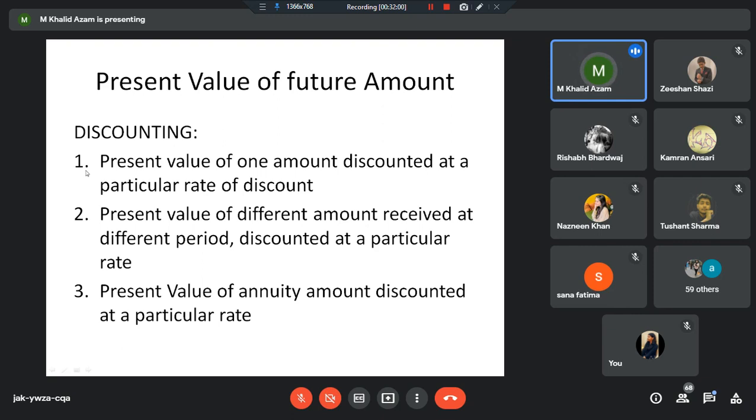Just as in the case of the earlier compound amount, we now consider the present value of one amount discounted at a particular rate of discount. You are getting one amount after a period of time, and you are going to discount that particular amount to know its present value. Now about this discount, what should be the rate of discount? In case of compounding it was very simple.